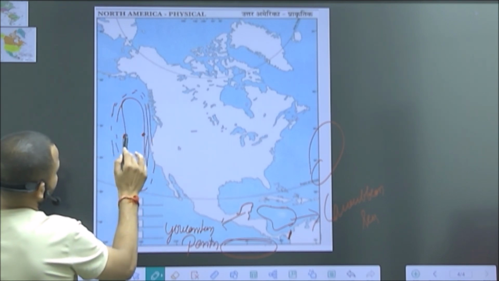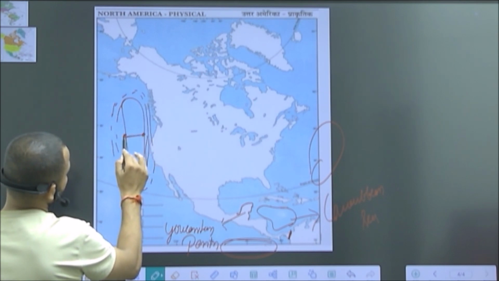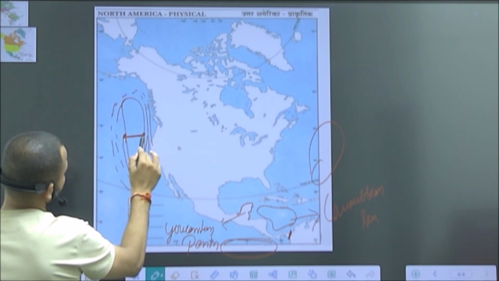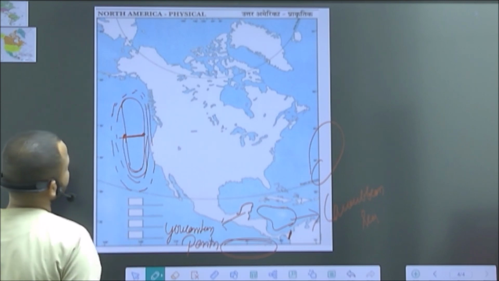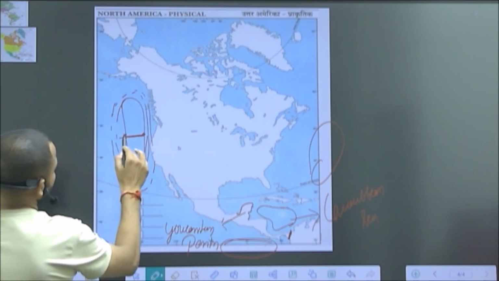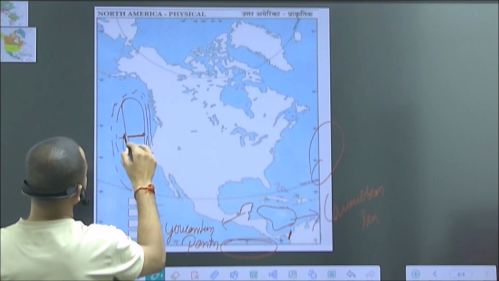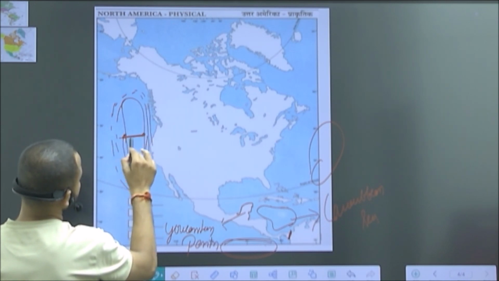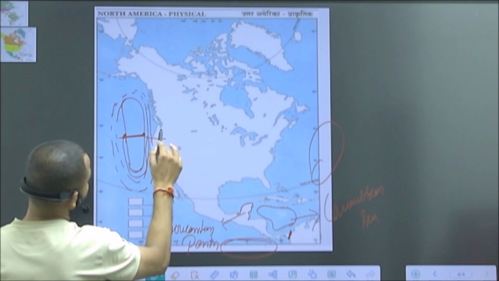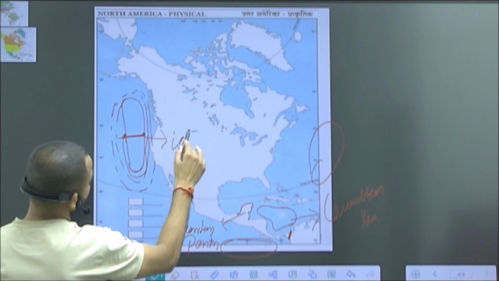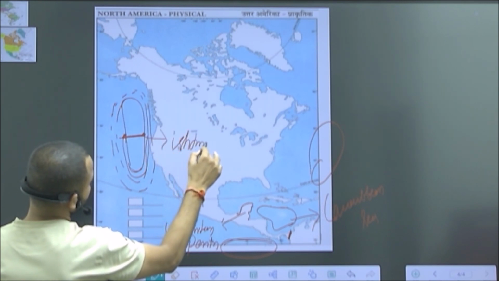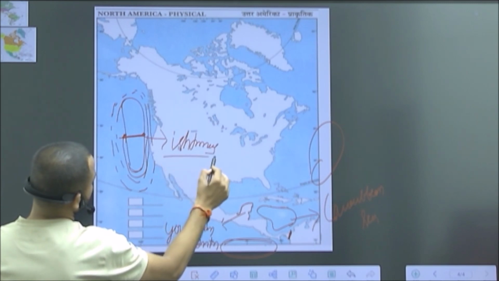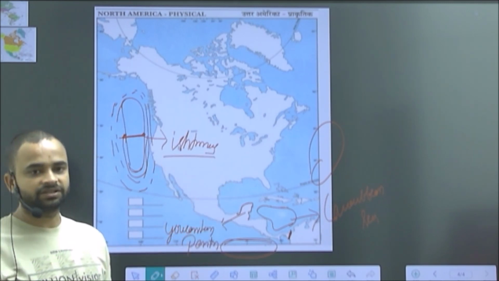But if a man-made canal is made here, that ship can go from here to there, and this land is known as an isthmus.